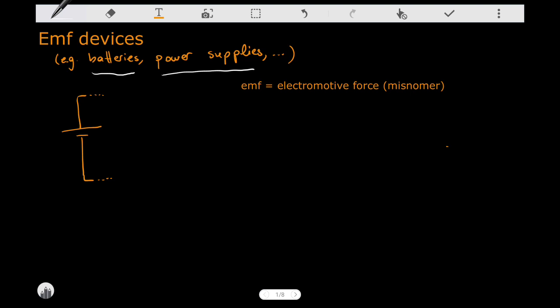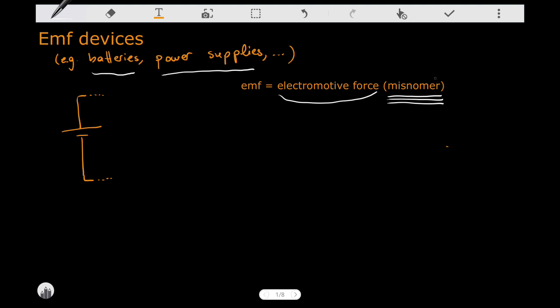Okay. Before going on, let me talk about the name in here. The EMF stands for electromotive force. This is a name given in the 19th century. At that time, people did not have any idea about what the physics of electric currents are. So as a result, they just gave a wrong name. Misnomer is a term that we use for these kinds of wrongly named things.